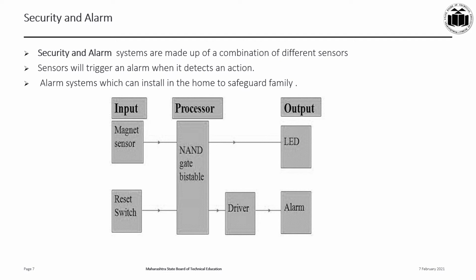A wired alarm system uses a low voltage current that flows between two points throughout the home's entry points. Whenever outside danger enters, it breaks the circuit, which results in the alarm being triggered, and it will save the family from the danger.